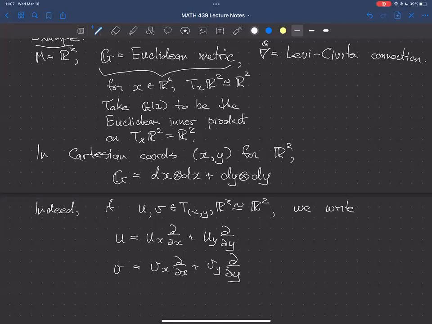That's just writing down what those tangent vectors look like in coordinates. So the components are Ux, Uy, Vx and Vy.